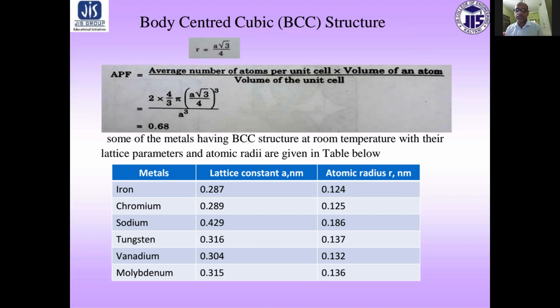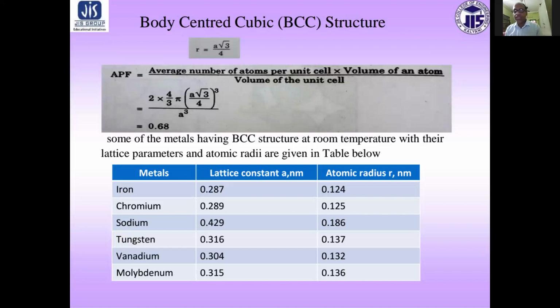Metals having BCC structure at room temperature are iron, chromium, sodium, tungsten, vanadium, molybdenum, etc. The lattice constant A, measured in nanometers, for iron is 0.287, and the atomic radius R in nanometers is 0.124. Chromium lattice constant is 0.289, and atomic radius is 0.125.